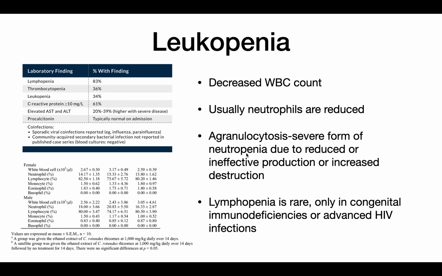Agranulocytosis is a very severe form of neutropenia due to the reduced or ineffective production or an increased destruction of the white blood cells. Lymphopenia is rare, so this is a deficiency of the white blood cells in the lymph, and this only really occurs in congenital immunodeficiencies or advanced HIV infections.